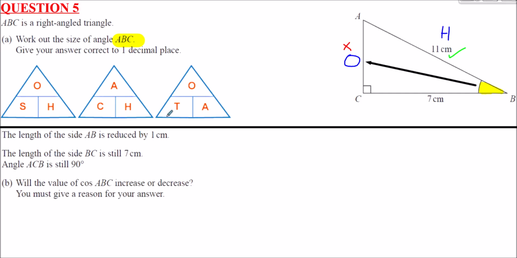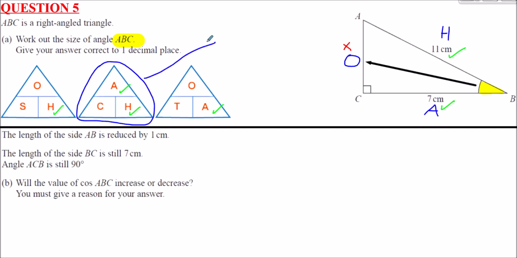So any triangle here with an H, let's tick it. The other side, if it's not O or H, is A for adjacent, and we also know the adjacent side, so I can tick that, and let's tick as well where we can see an A. We use a triangle that uses the most information. So the one we're going to go for here is CAH, which has 2 ticks, which is more than just 1 tick each for the other ones.